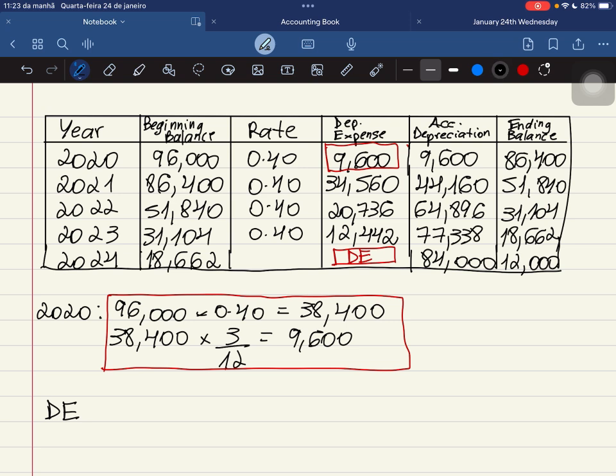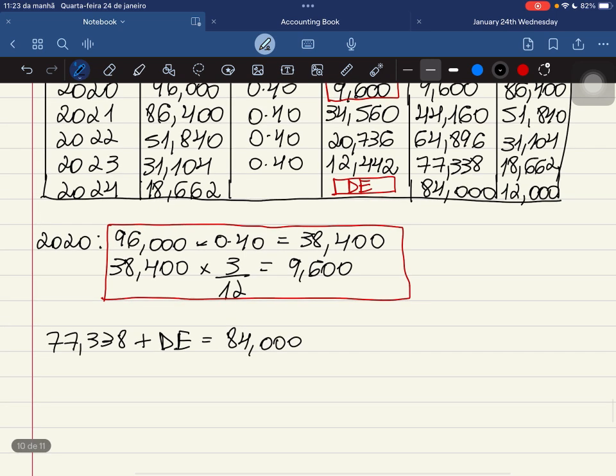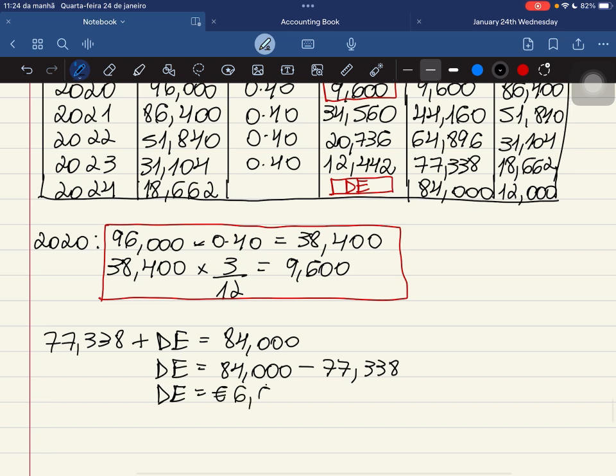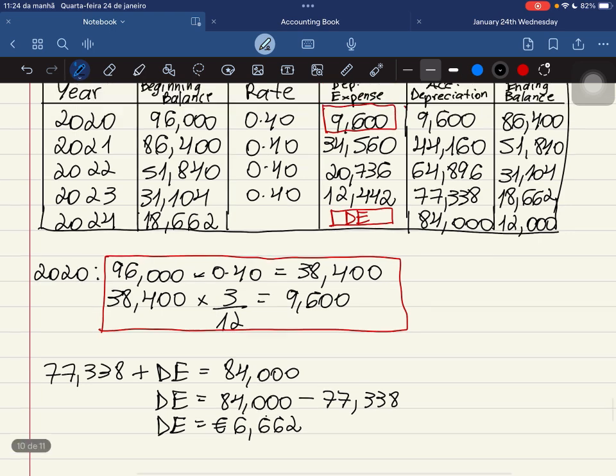We can say that, let me invert the order to be easier for you. 77,338 plus this depreciation expense that we want to know has to be equal to 84,000. So we can just subtract the original value and we get 6,662.